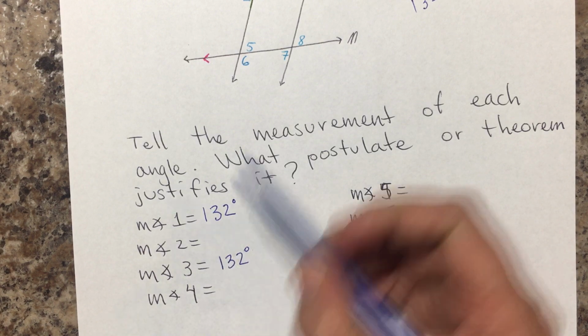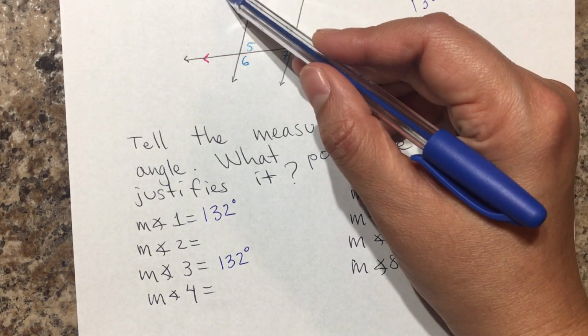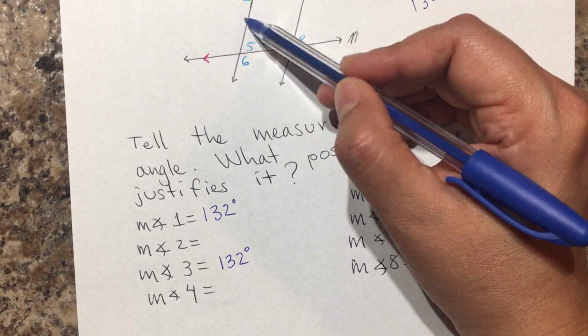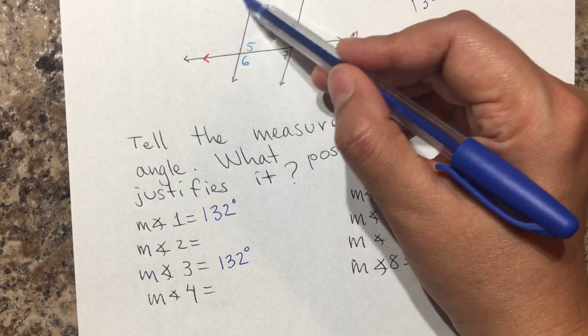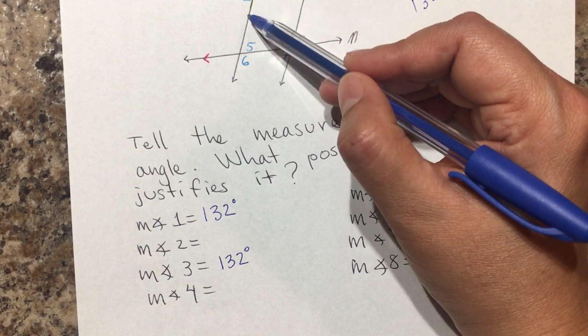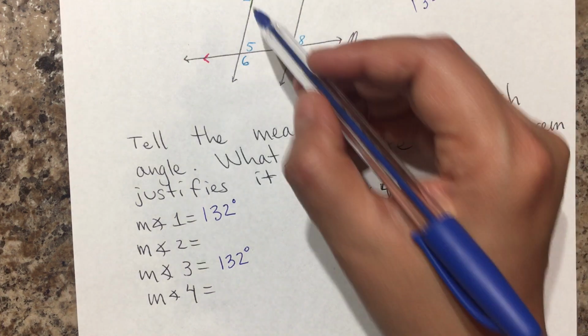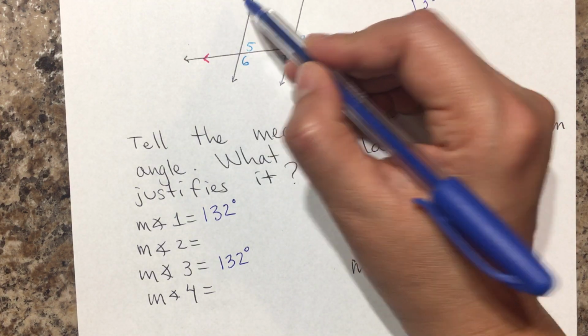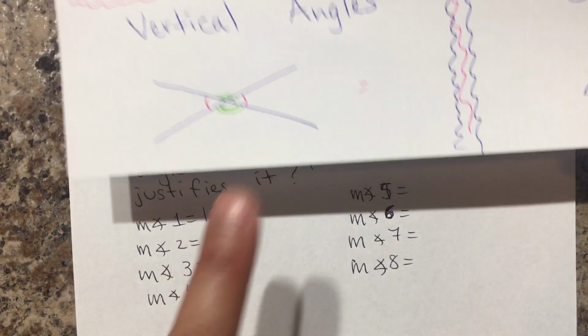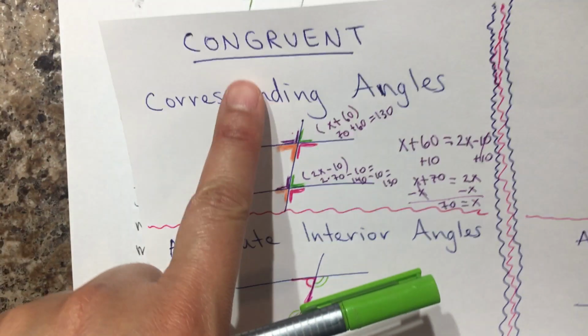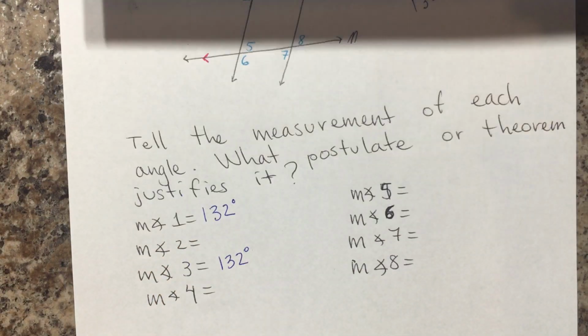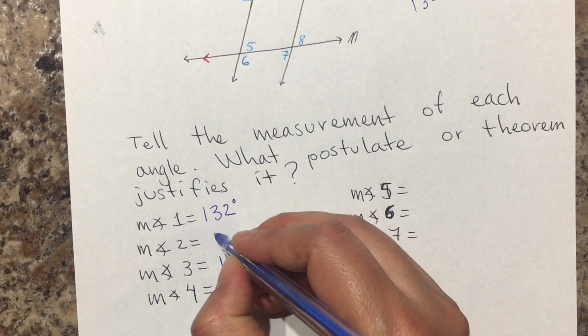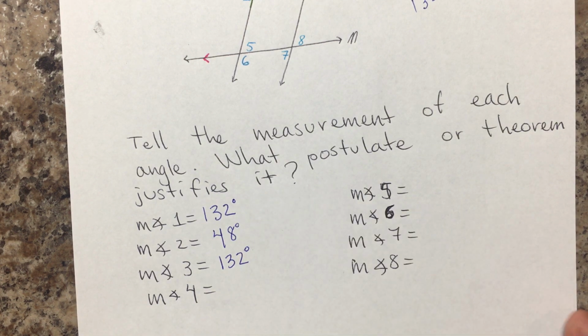Angle 2, if you notice, these are like the scissors, tijeras, and they're opposite of each other. So those are the vertical angles. If this is 48 degrees, vertical angles are congruent. They are the same measurement, so 48 degrees.